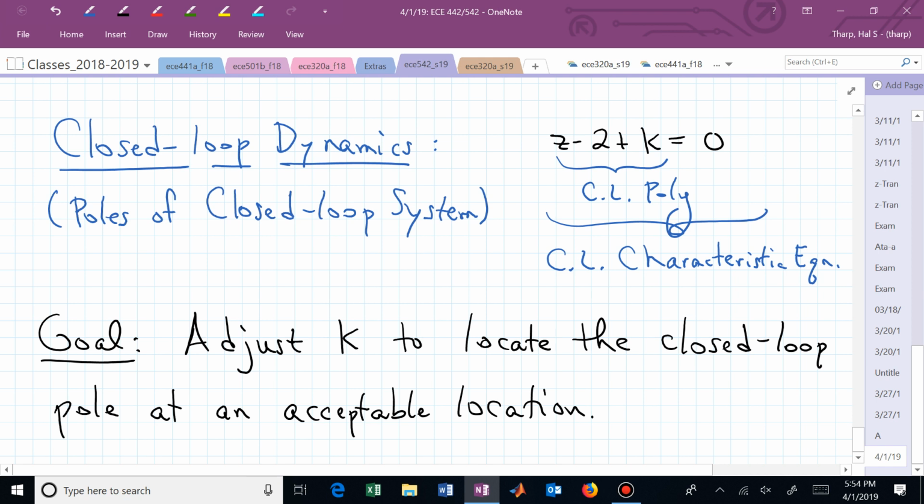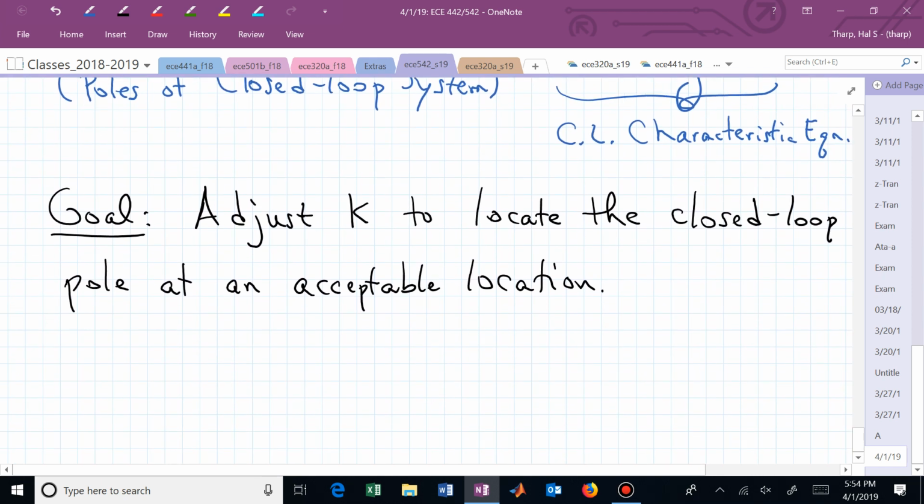But in this case, we know that whatever we pick for k, it has to satisfy z minus 2 plus k equaling 0. That tells us that whatever we pick for k, the pole is going to be located at 2 minus k.